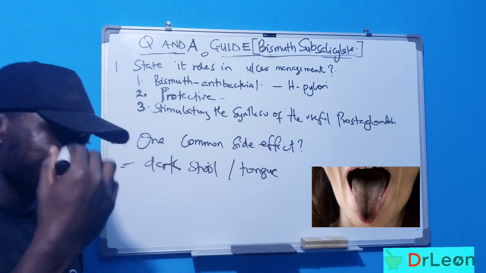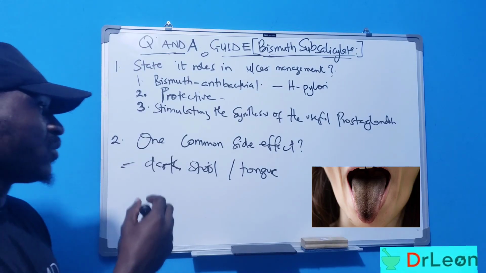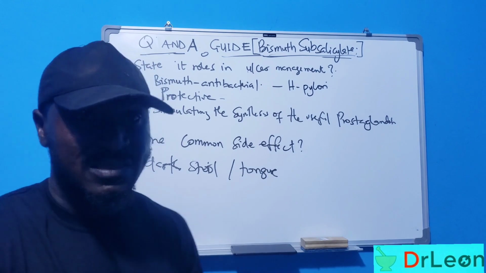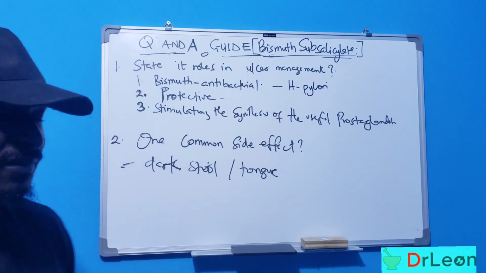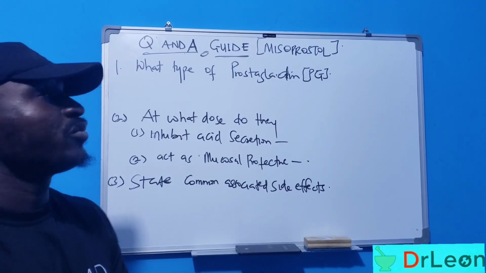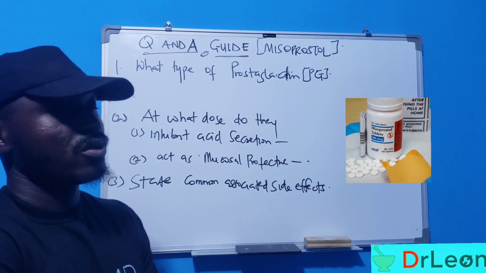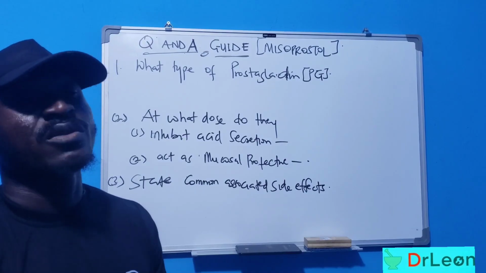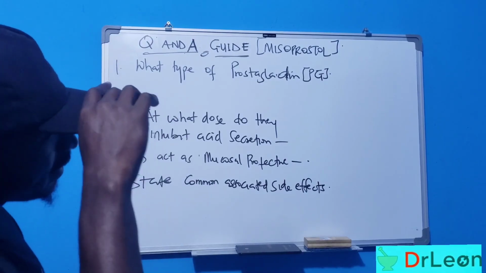So they cause this dark patch on the tongue or stool. So you have to make the patients aware so that when they see those things, they wouldn't be so much concerned. So our last Q&A guide will be on Misoprostol, which is also one of the examples of anti-ulcer agents.